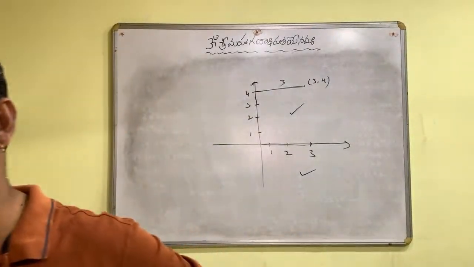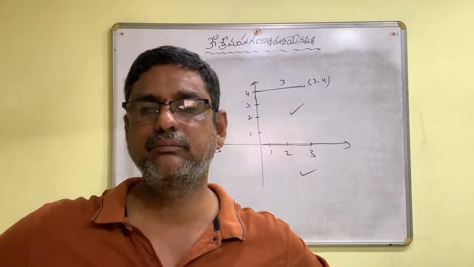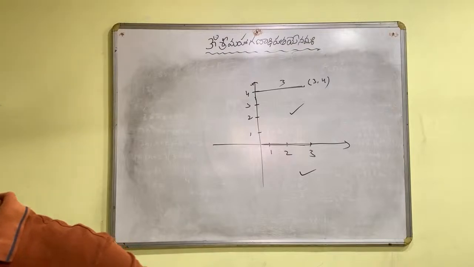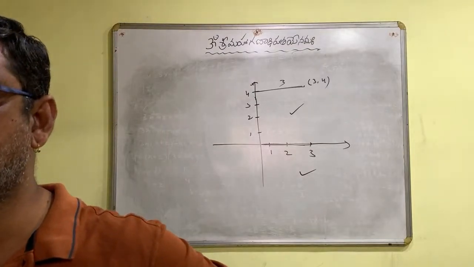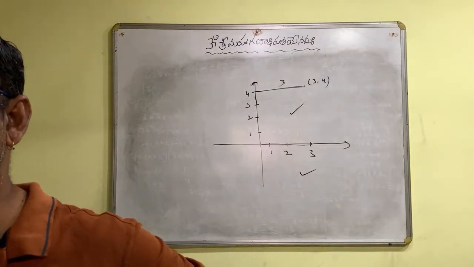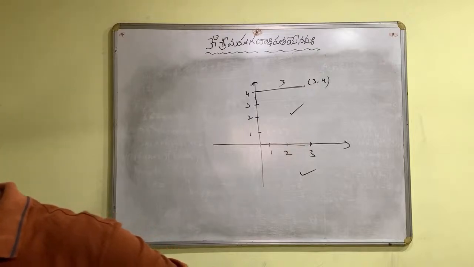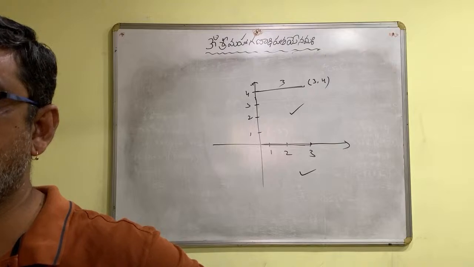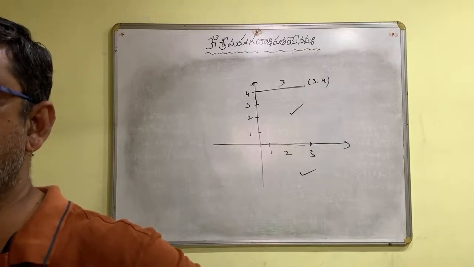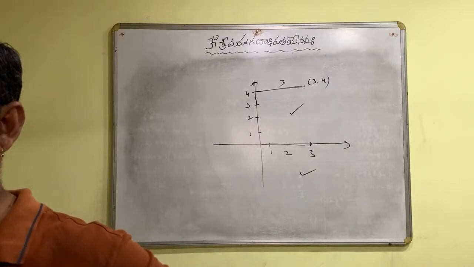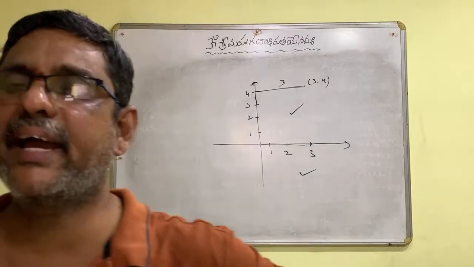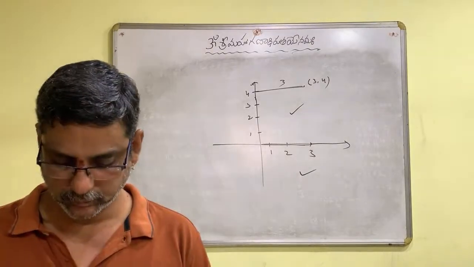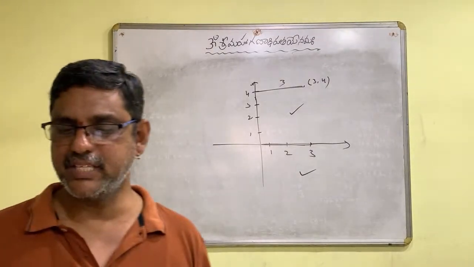Right, 0, 3. Correct. Ordinate means y coordinate. Y coordinate is 3 and it lies on y-axis, so the point is 0, 3. Correct. Next one.